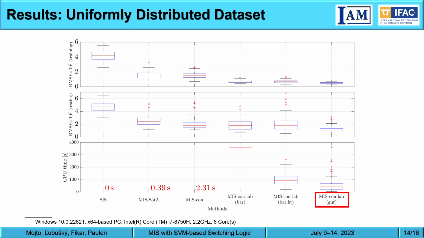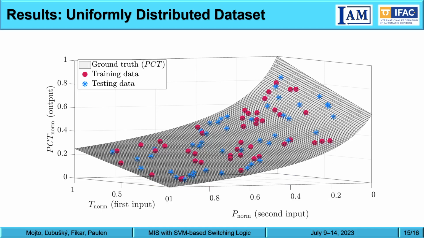But we can still see that the multimodal inferential sensor designed by Gurobi achieves the highest accuracy compared to the other approaches. And also the multimodal inferential sensor with continuous labeling represents the best balance between the model accuracy, complexity, and the continuity of the designed models. Subsequently, we can illustrate the design of the inferential sensors as before.